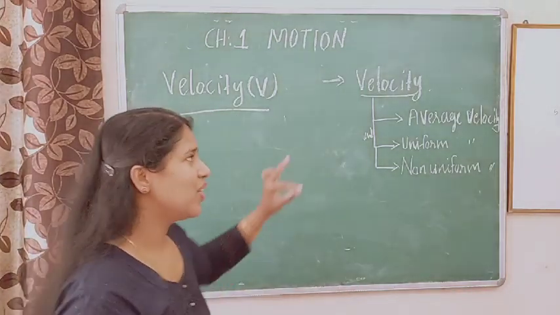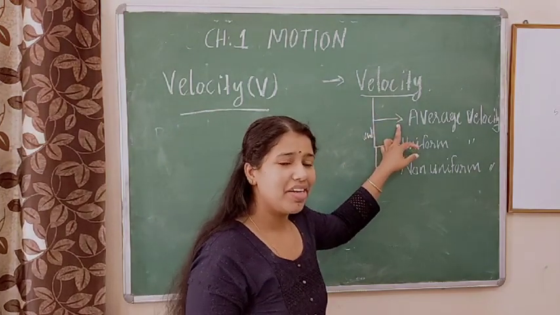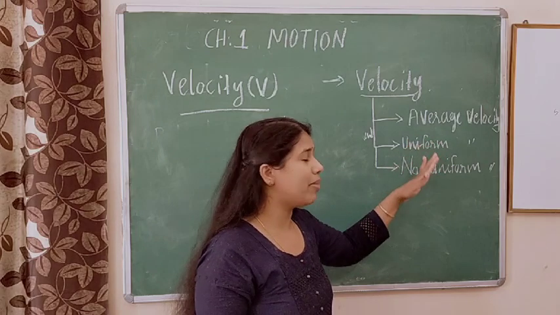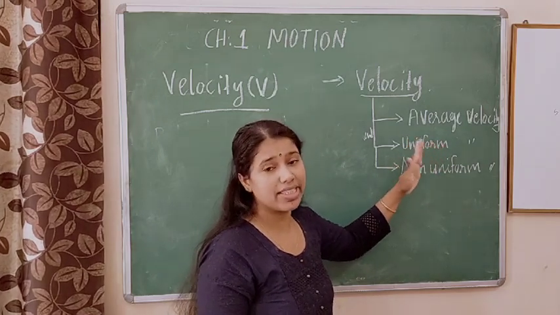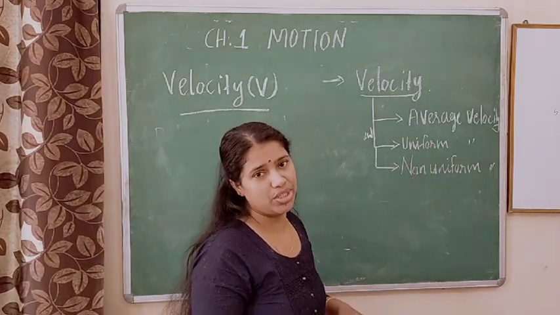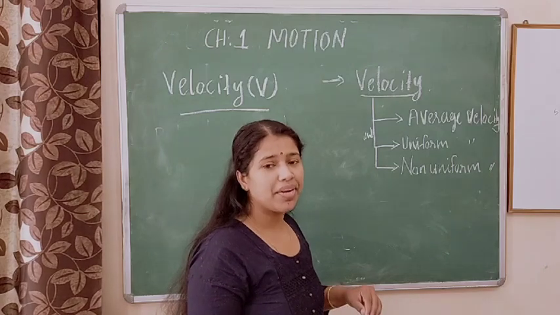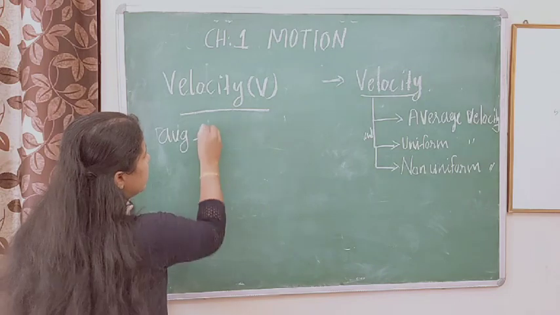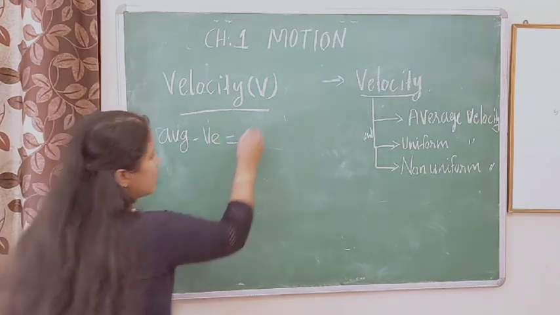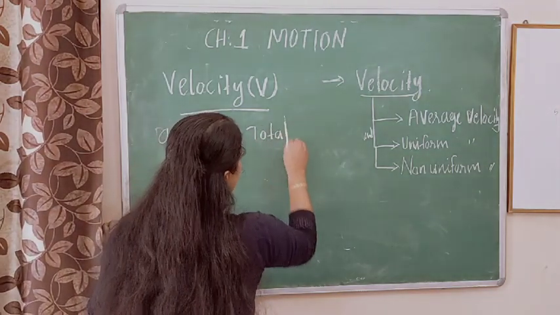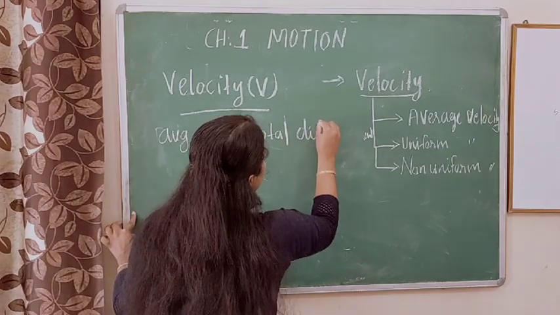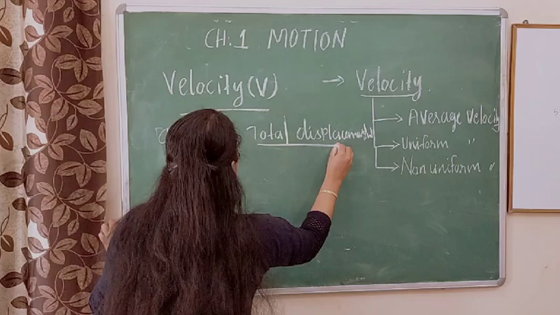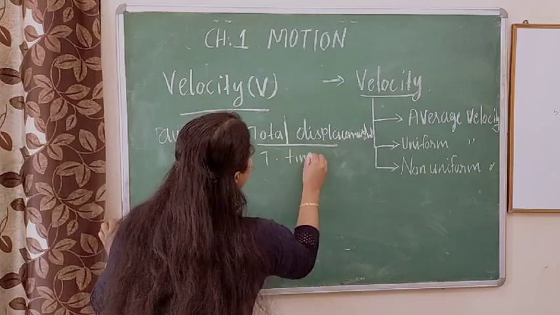Here the difference is total displacement by total time. Velocity is a vector quantity, so direction we have to mention. Average velocity is equal to total displacement divided by total time.